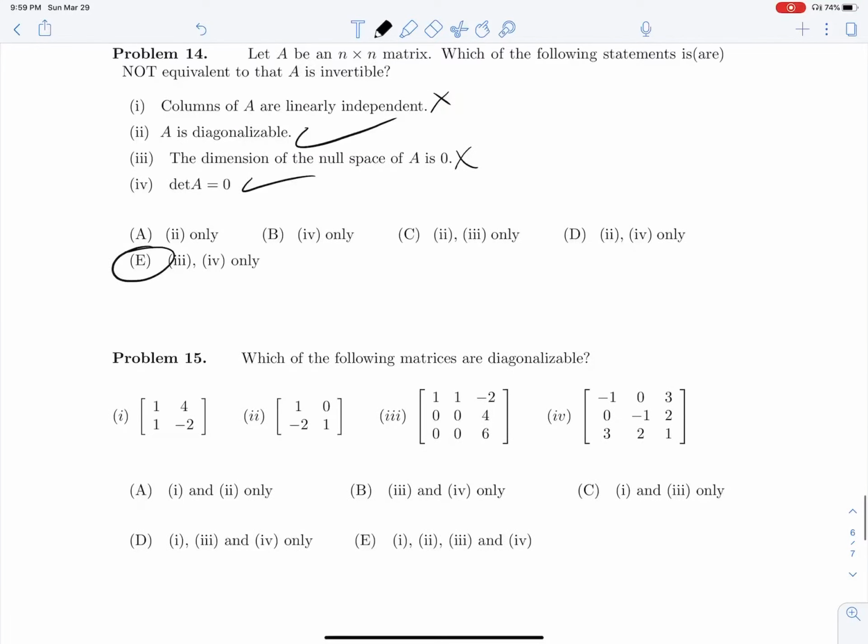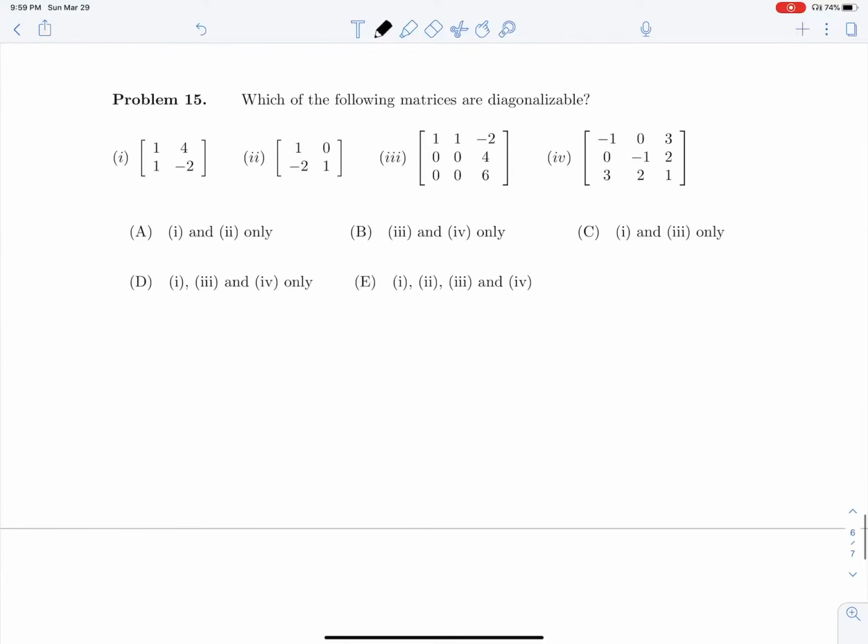And I just chose 3 and 4. I meant option D. Problem 15. Which of the following matrices are diagonalizable? Okay, this is much easier than it seems. 4 is diagonalizable because it's a symmetric matrix.